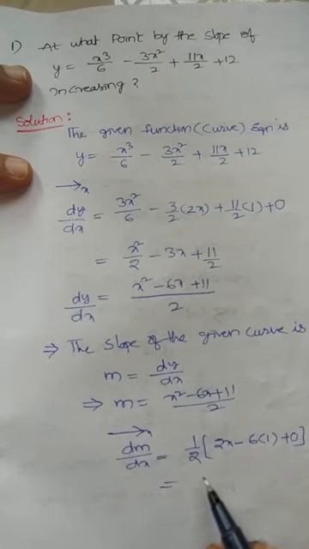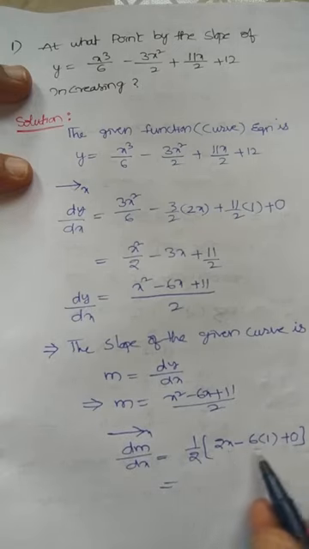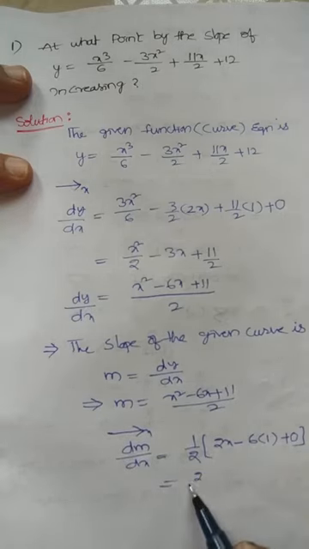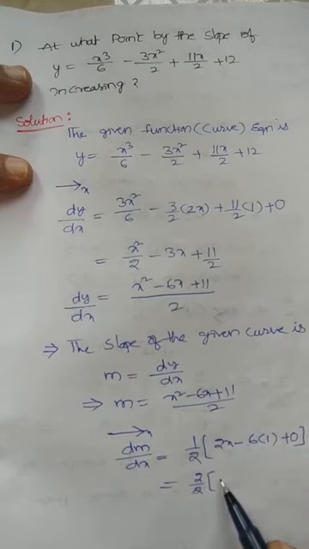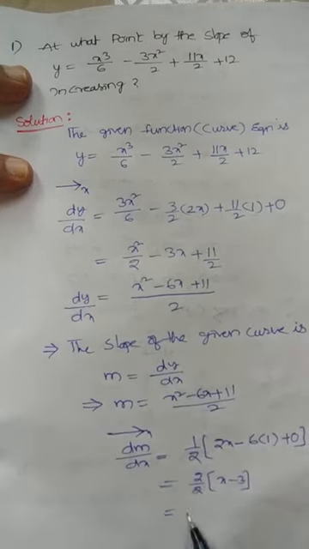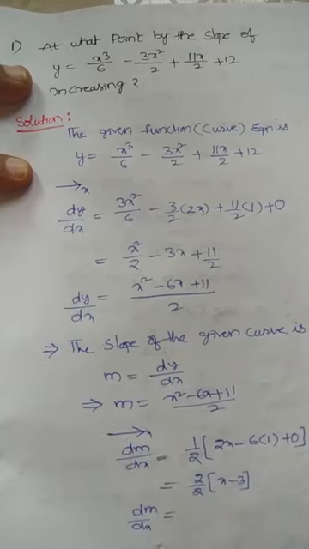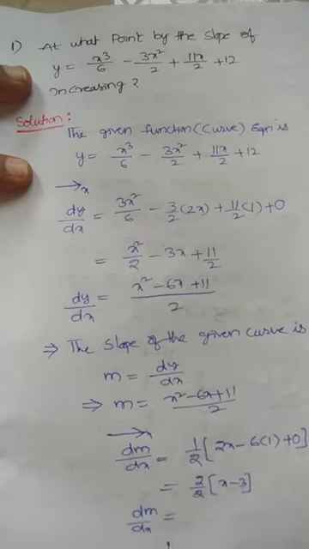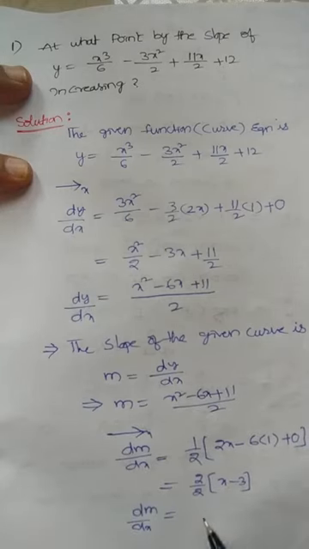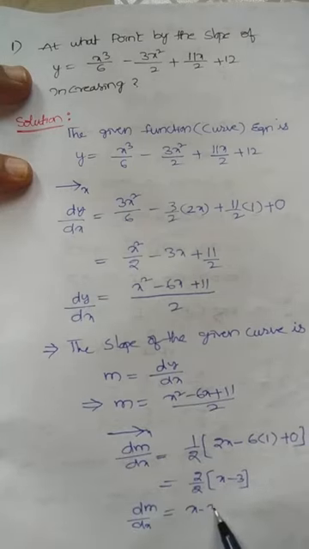So 2 is common from the bracket, 2/2 into (x - 3) we got. So I got dm/dx, the derivative of the slope of the curve equation, it is x - 3.